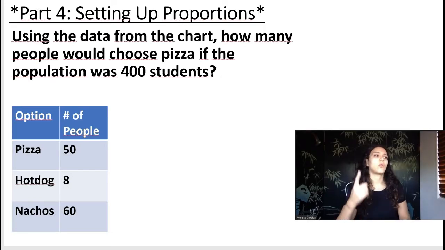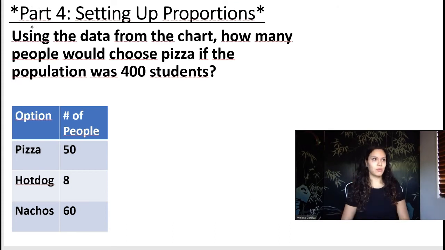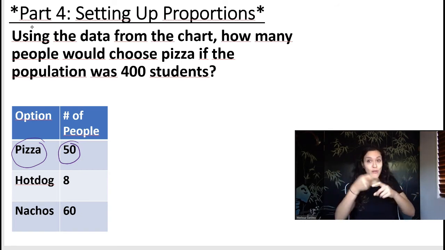Using the data from this chart, how many people would choose pizza if the population was 400 students? Okay, whoa, okay. Let's see. So I know there's 400 students, but it's asking how many would choose pizza. Okay, where's pizza? Here's pizza. 50 people would choose pizza. Okay.